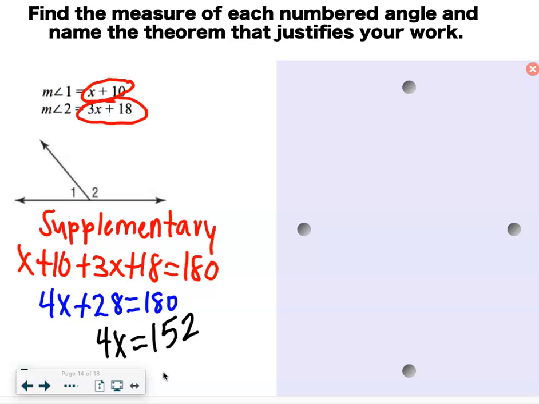And if we divide out, 152 divided by 4 is 38. Okay. Now make sure we answer the question. We need to find the angle measure, so we have to plug back in. For angle 1, what's 38 plus 10? 48. So then angle 2 would have to be the other. You guys agree? Yep. Done.